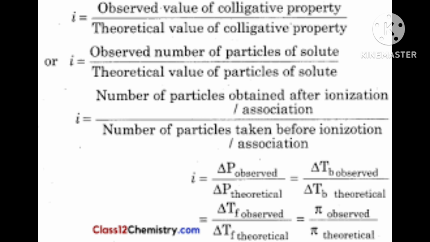And when vapor pressure is less, then boiling point will be more. Why? Because with less vapor pressure, you have to heat more to make the vapor pressure equal to atmospheric pressure. That's why you will require more temperature, and the boiling point will increase.